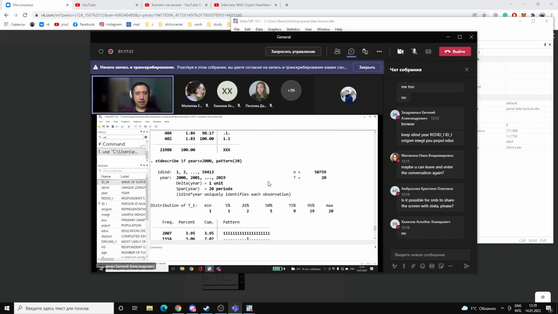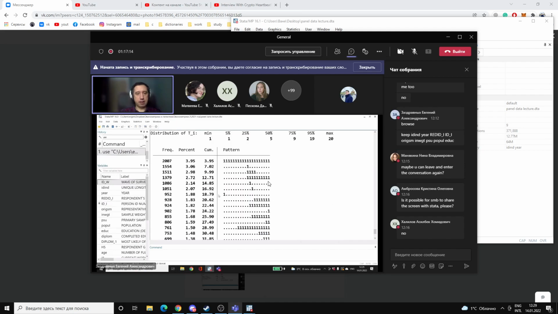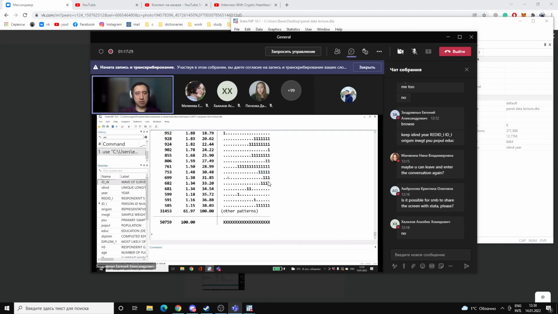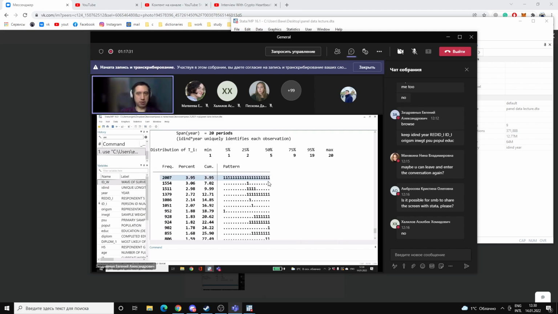Look, if I set patterns 20, Stata will show me more rows in this table. One row is one pattern. Look, this is the first pattern, and it is the most popular pattern. It shows that 2007 persons are observed from 2000 and up to this period.